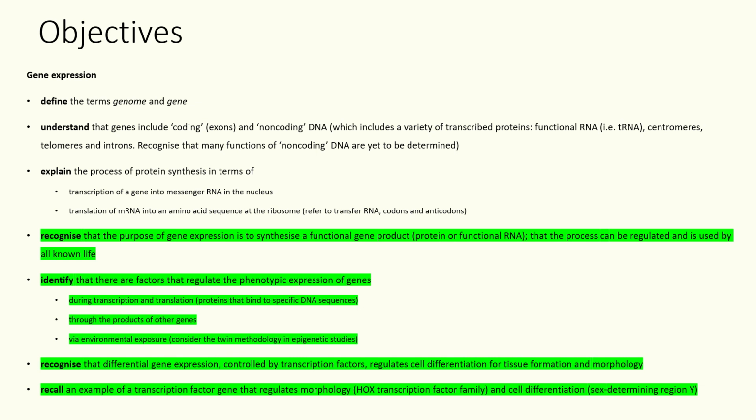Okay, that it can be regulated through products of another gene or via environmental exposure. Recognizing that differential gene expression regulates cell differentiation, and then recall an example of a transcription factor that regulates morphology. The example we looked at is the Hox factor, and then a transcription factor that regulates cell differentiation is our SRY, or sex determining region Y.